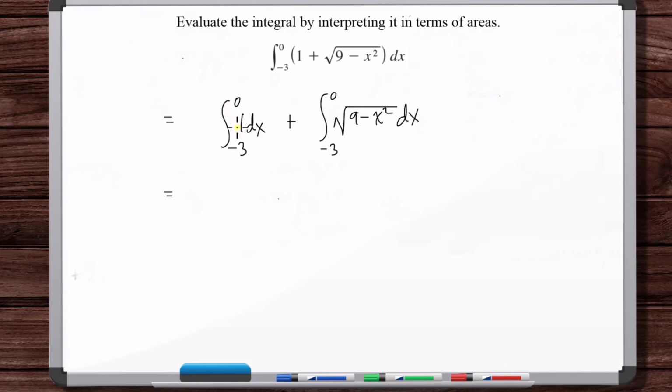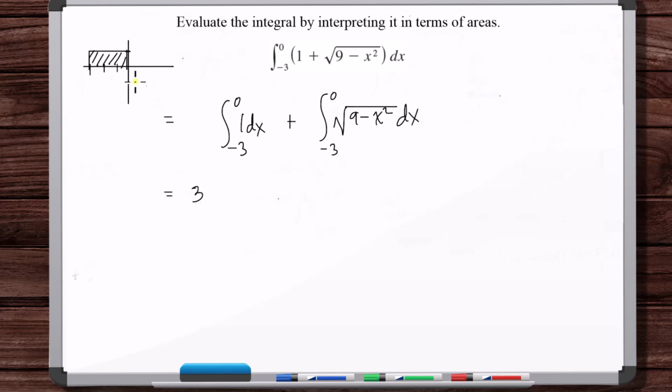It's positive 1. So what's the area under this curve? This is a rectangle from -3 to 0. This definite integral is the area under this curve here. What's that area? It's positive 3.